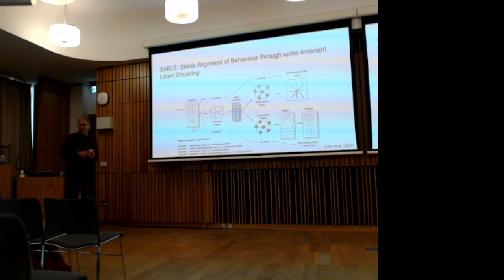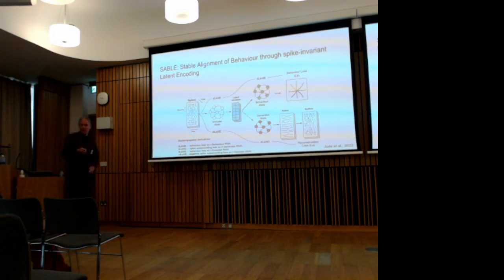It's trained in a way that's quite similar to the TNDM type model, where we again have a VAE style model. We have a branch which goes to behavior, and we have a branch which goes to activity reconstruction. The only modification to the standard model is to introduce a negative reconstruction loss on the spike reconstruction side. So the Poisson loss that's computed here, we're using the negative loss.